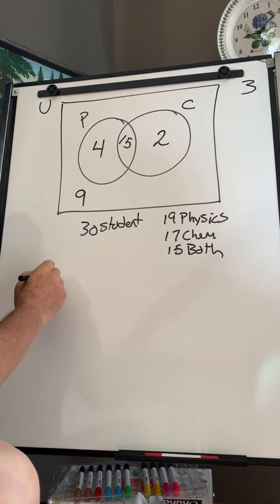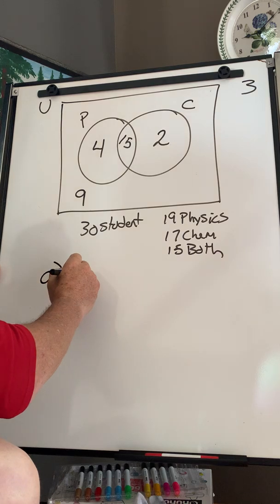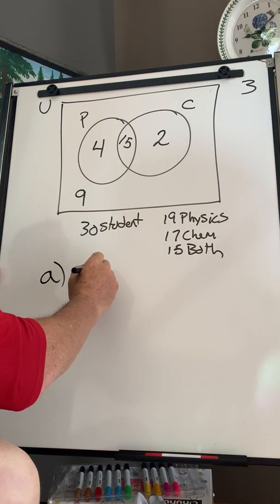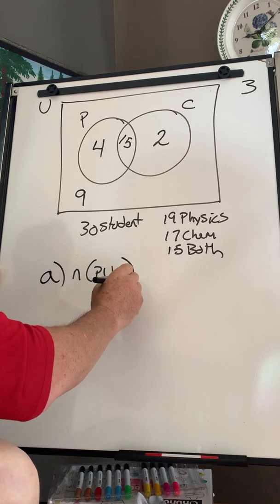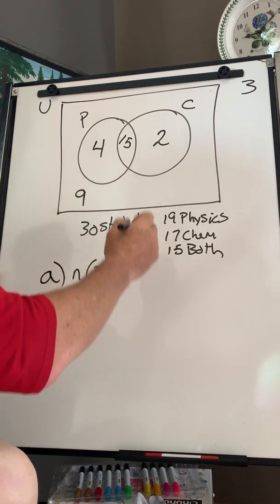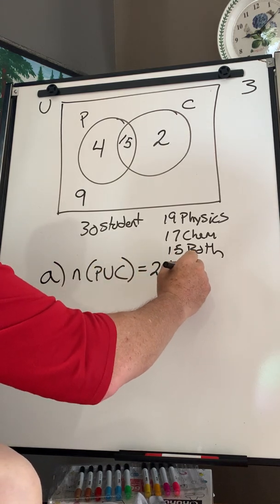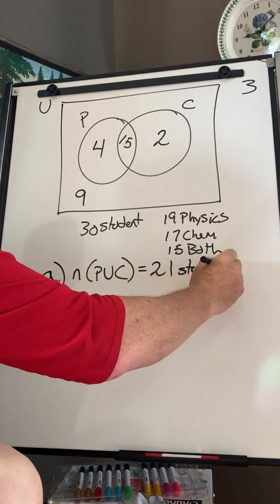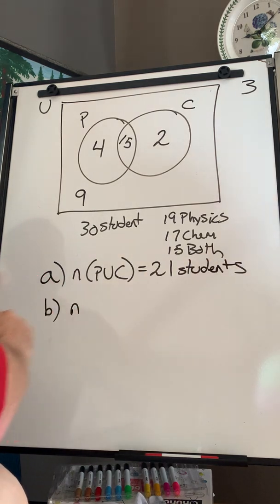So question A, at least one of the subjects, that means we're looking at a union. The number of students who take physics or chemistry is going to be, as I just said a second ago, 21 students. Units again. B, what are we looking for? Number of elements, physics but not chemistry.